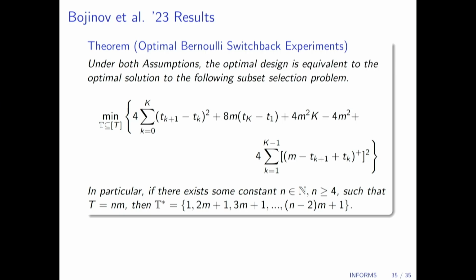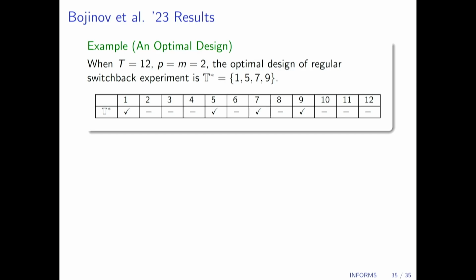And the optimal solution should look as follows. Let's suppose there are 12 periods, and let's suppose that the lag of carryover effect lasts for 2 periods. Then we're going to flip four fair coins. We flip a coin in day 1, we flip a coin in day 5, and then 7 and 9. These 4 coin flips split the entire time horizon into 4 chunks, so that the middle chunks are of equal length, and the length is exactly 2.